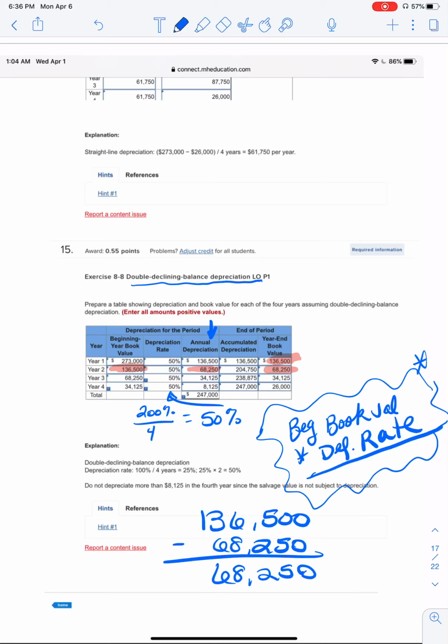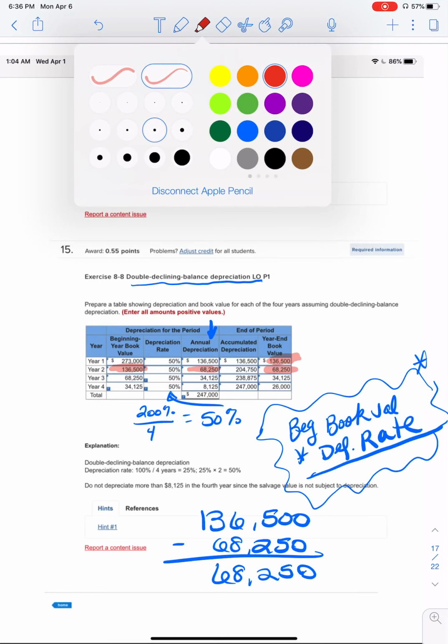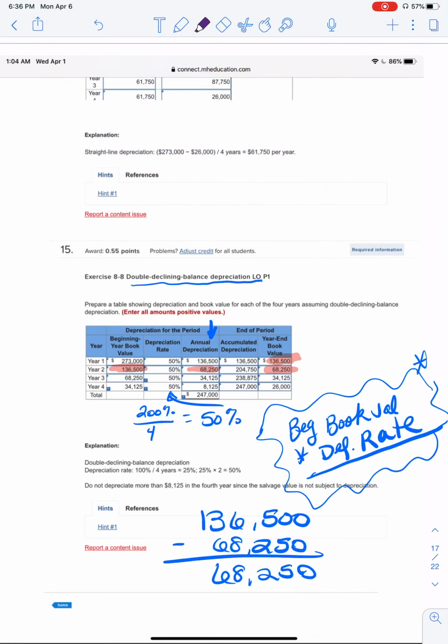Now the question is, how on earth do we go from right here, 136,500 in accumulated depreciation, down to 204,750? The way is by adding these numbers that you're about to see highlighted in purple. So if I take this 136,500 in accumulated depreciation from year 1, I add in my depreciation expense from year 2, the sum of those two numbers will then give me this 204,750.